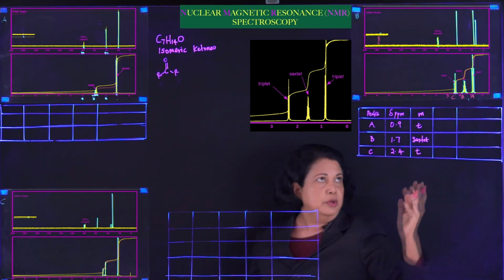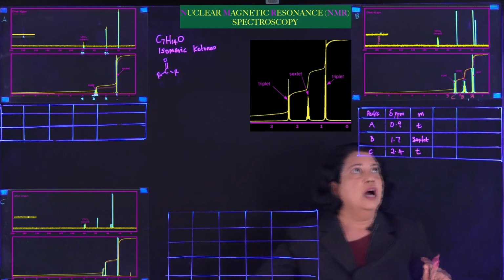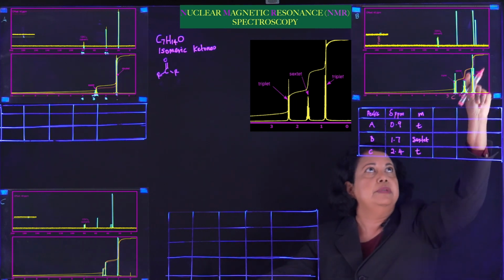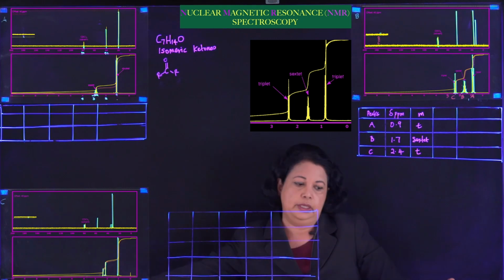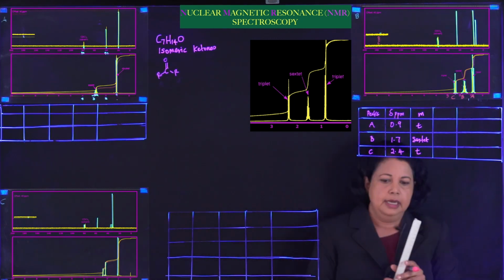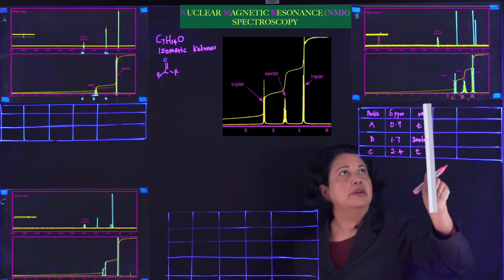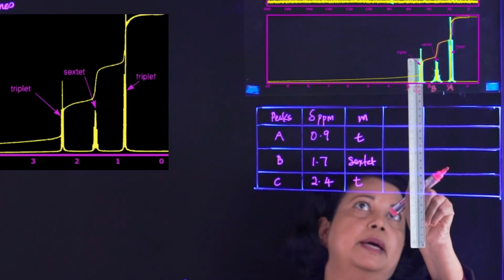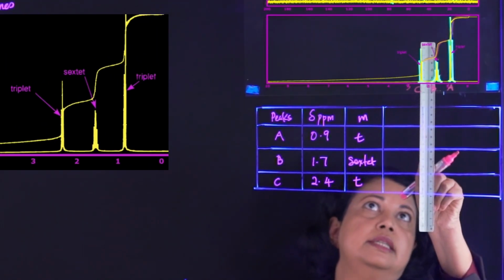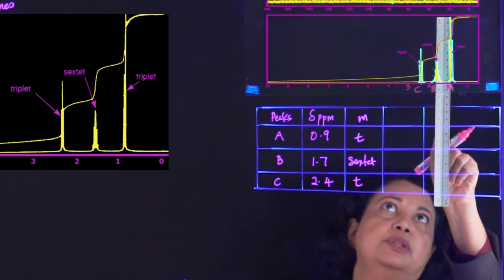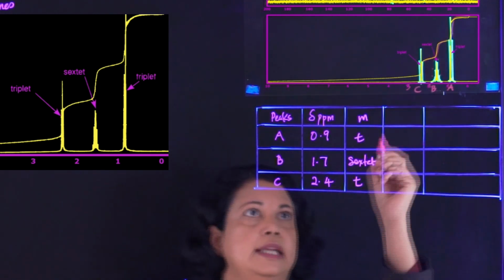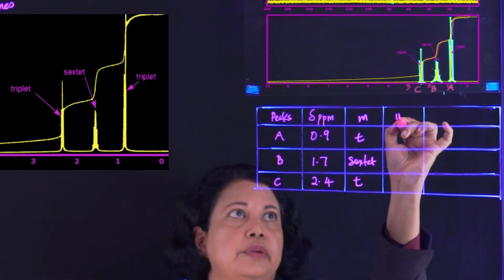Let's look at some more pieces of information. How many protons do we see below each one of these? For that, we have to grab our ruler. Look at the height ratio here. This is about 2, this is about 2, and this is about 3. So that's a 2 to 3 ratio.